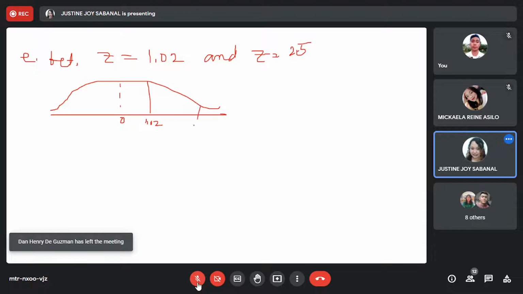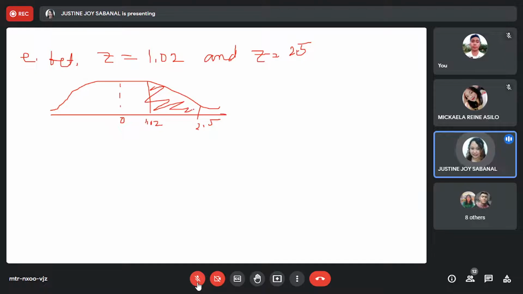This is 2.5. So, siya dun pagitan ng 1.02 and 2.5. So, this is expressed as probability of Z greater than 1.02 but less than 2.5. So, applying rule number 3, this is probability of A sub 2, the larger value. So, that is probability of Z less than 2.5 minus the probability of the smaller value, which is 1.02.